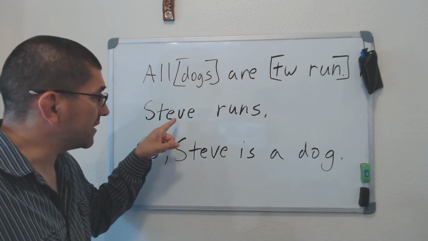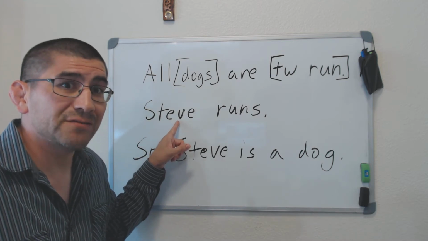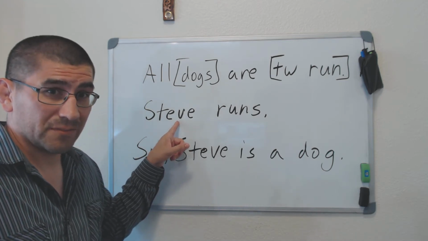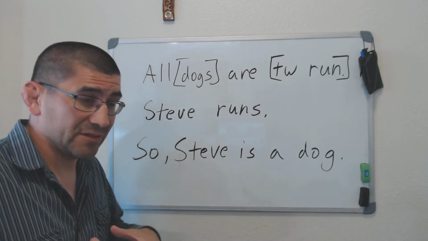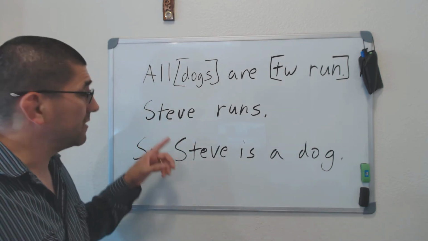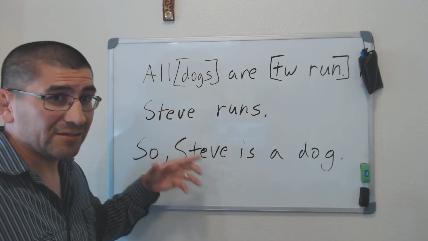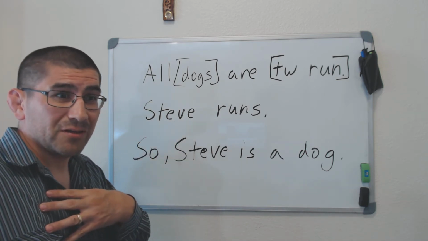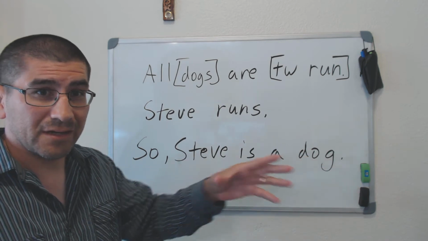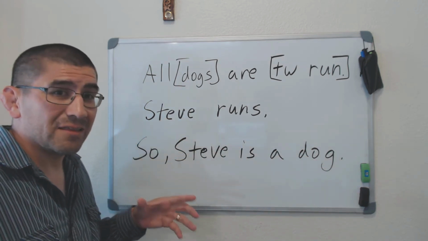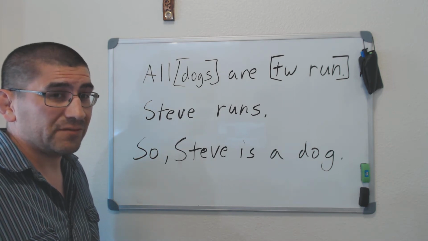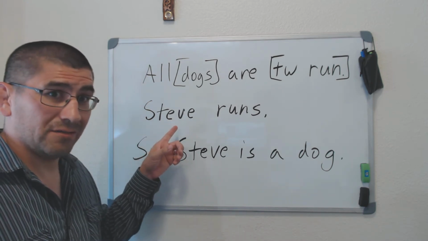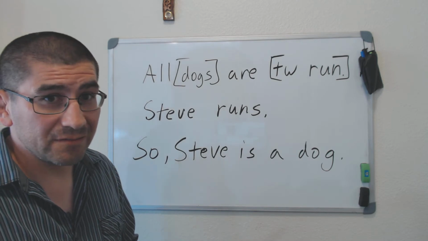When you have an individual person or an individual thing in the world, some sort of proper noun, like Steve or like me, Philip, or Bill, that's going to make this what we call a singular proposition. And we have to ask ourselves, are we talking about all Steve? Are we talking about a part of Steve?